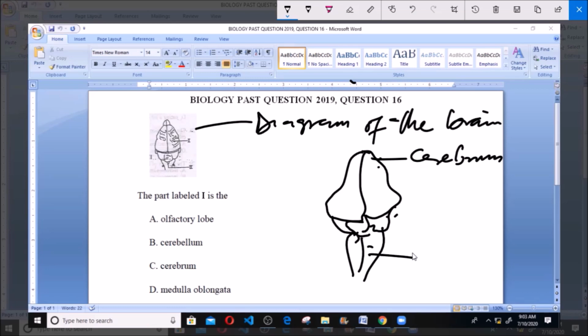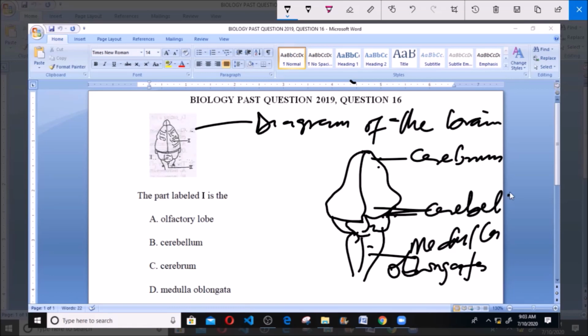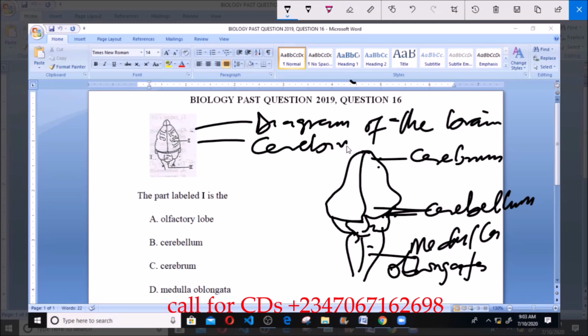This part is the medulla oblongata, and this part here is the cerebellum. Now from this diagram, which is similar to this one, the labeled part I is the cerebrum. That's option C.